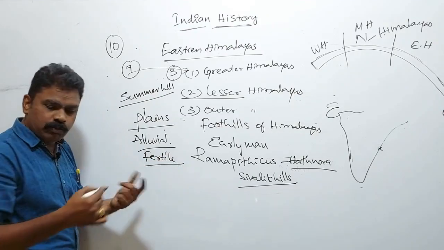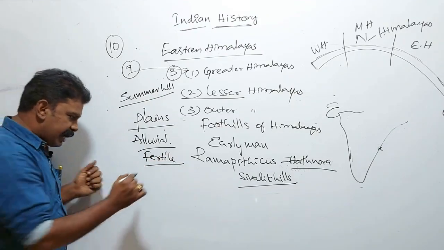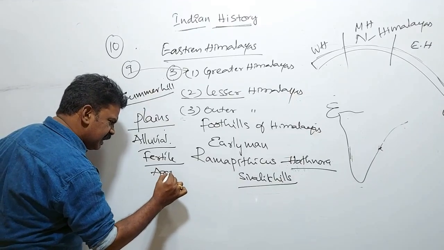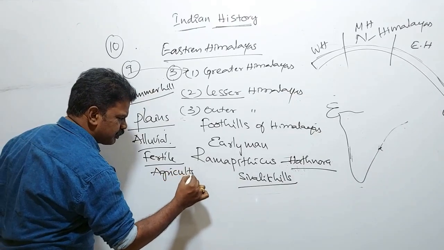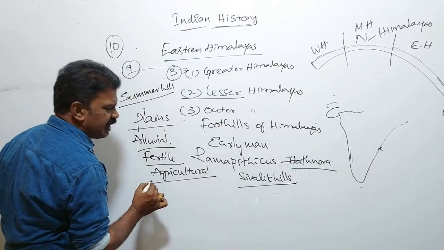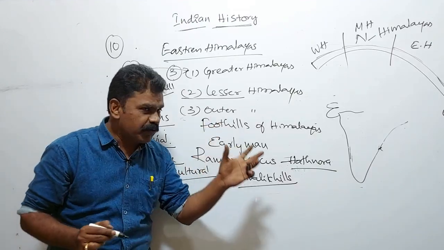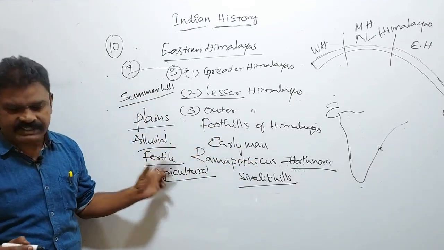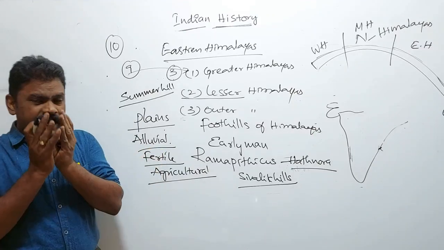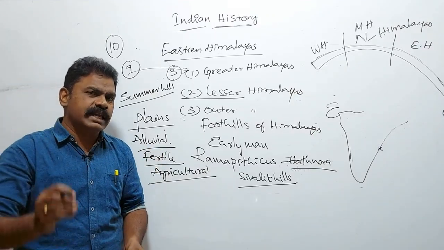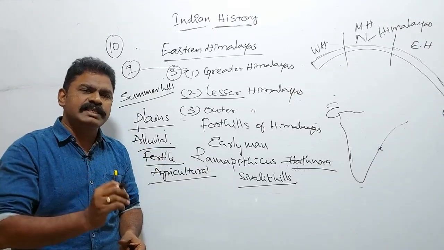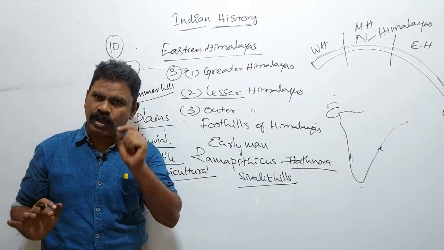They used to produce more and more crops. The first Indian agricultural settlements can be found in the foothills of the Himalayas. The earliest agricultural settlements can be found in the foothills of the Himalayas. That you have to remember.